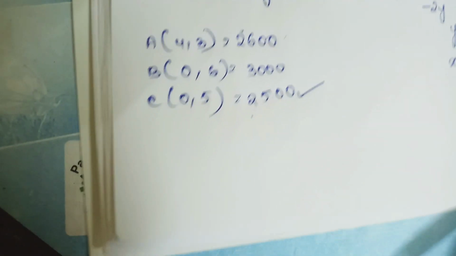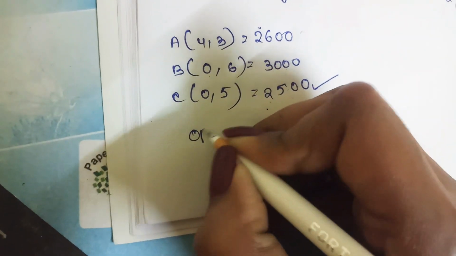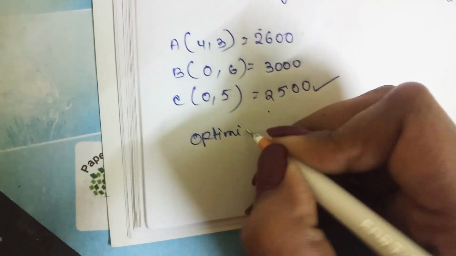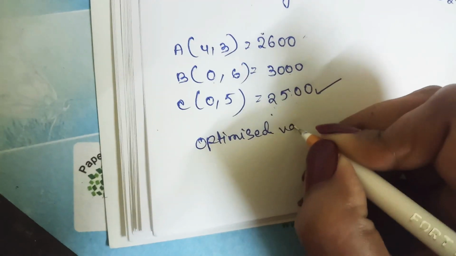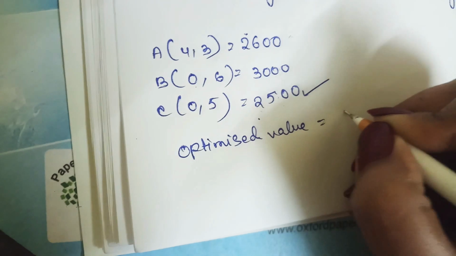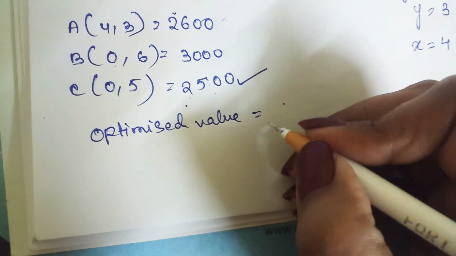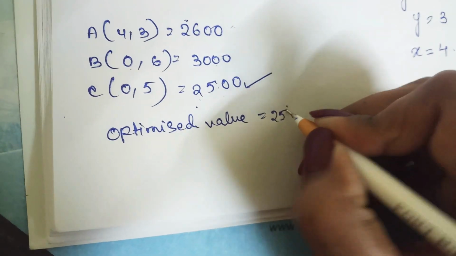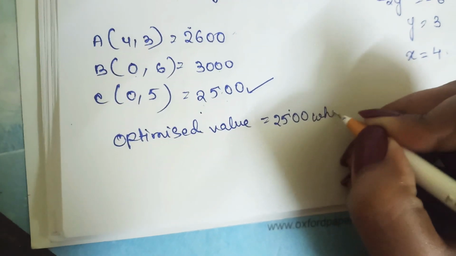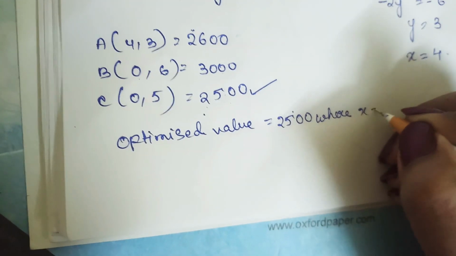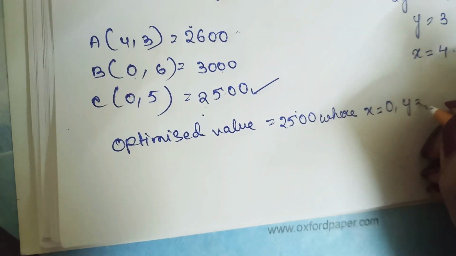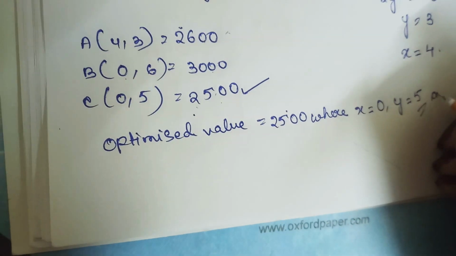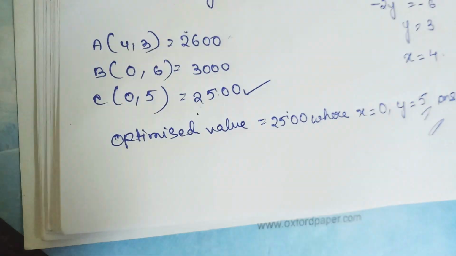So I can write that my optimized value is 2500, where x is 0 and y is 5. So this is my ultimate answer.